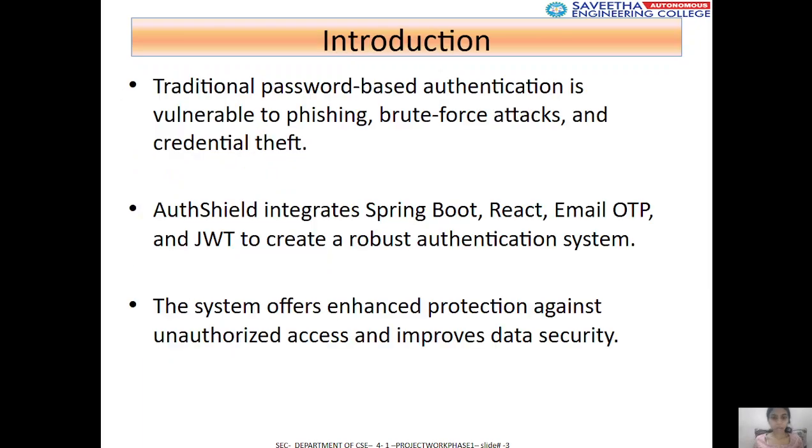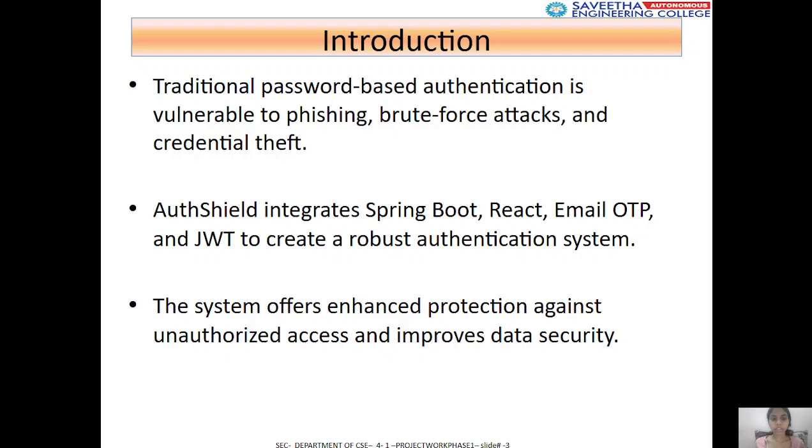Introduction. Traditional password-based authentication is vulnerable to phishing, brute force attacks, and credential theft. Here, phishing refers to the attack where it comes through emails saying that we have got 50 lakh, like that. It is a financial attack that uses the user's emotional basis.